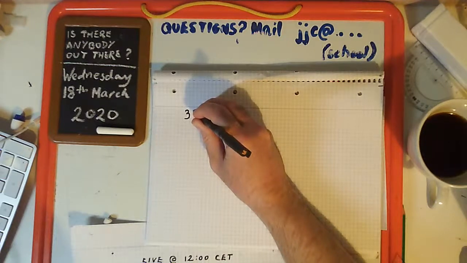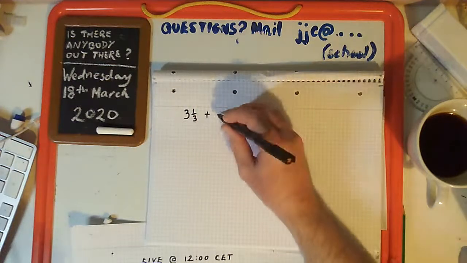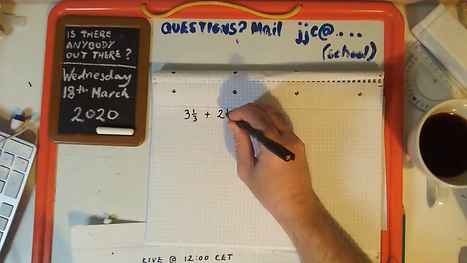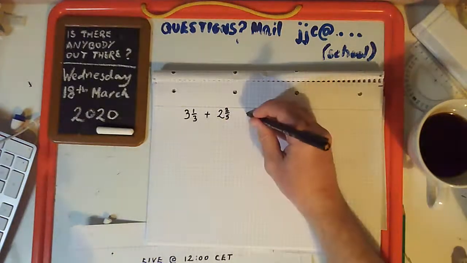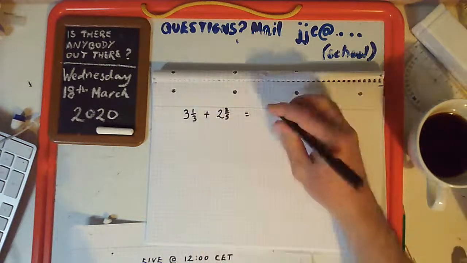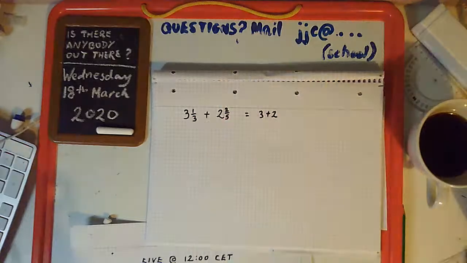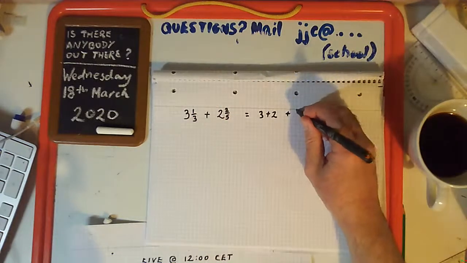Let's say 3 1/3 plus 2, and randomly let's make it 2/5. What I like to do with these mixed number ones is to split it up into the number bit, so the 3 plus the 2, and the fraction bit, so the 1/3 plus the 1/5.